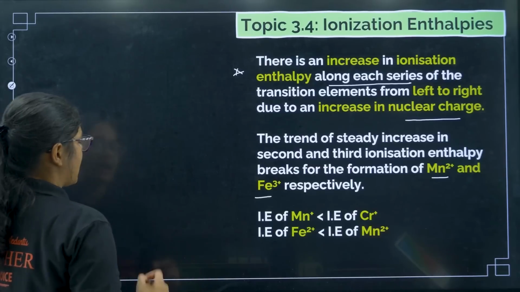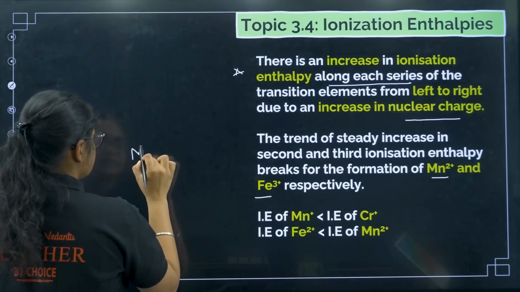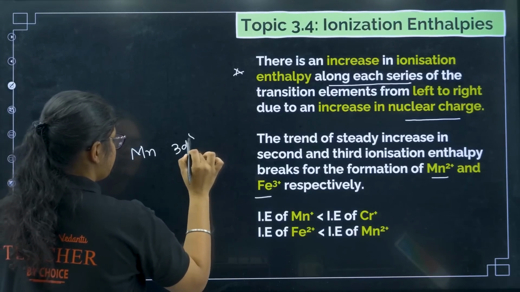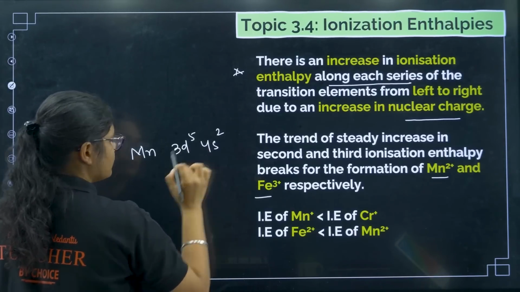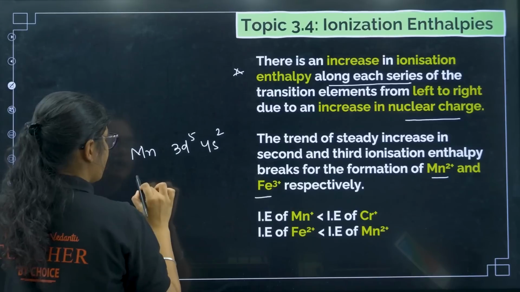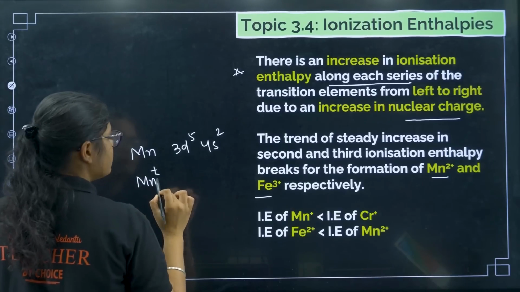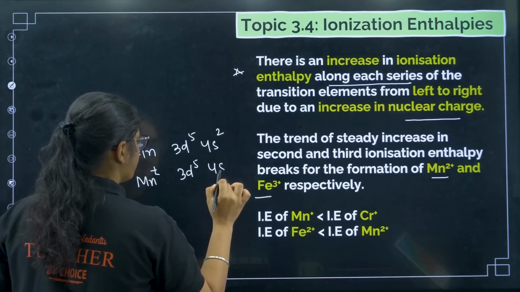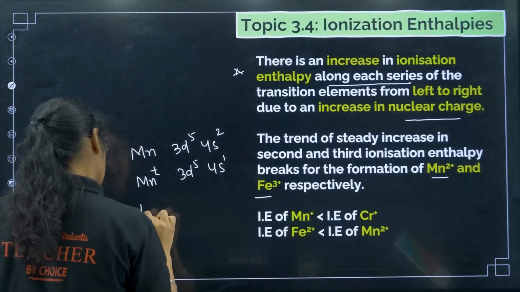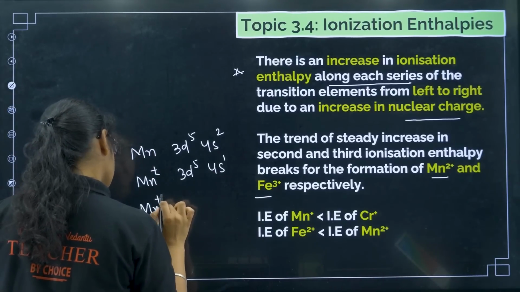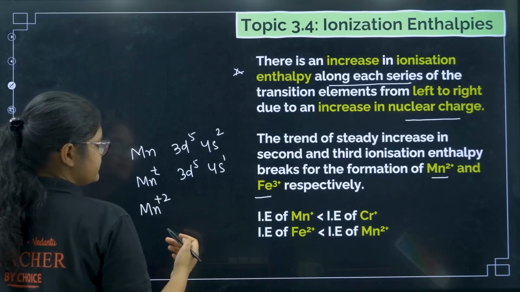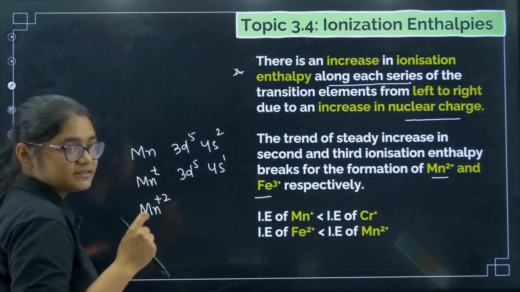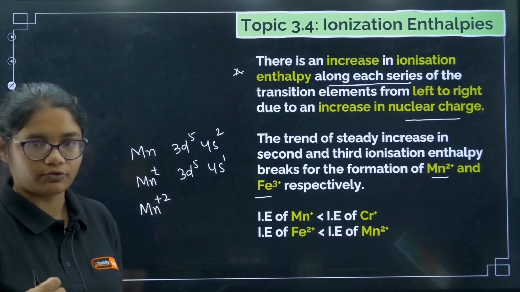Now Mn has the configuration 3d5 4s2. If I want to remove one electron, I will get Mn+ with 3d5 4s1. Now for Mn2+, when you are removing one more electron from an already positively charged species, you generally require more energy.